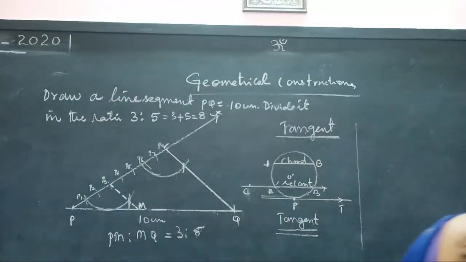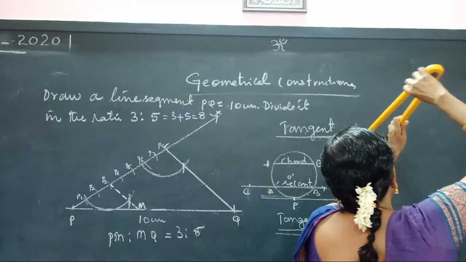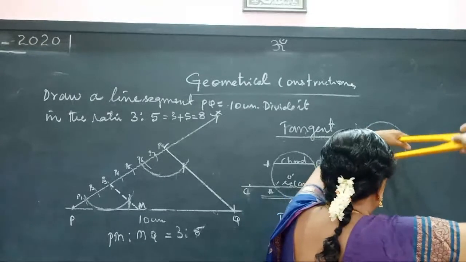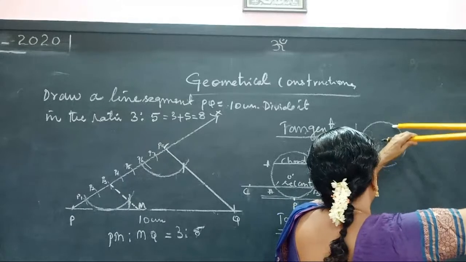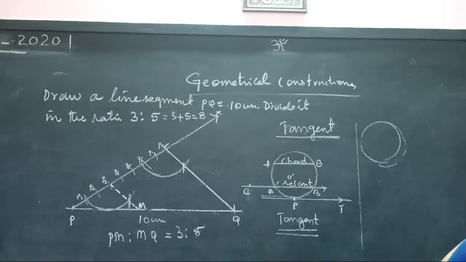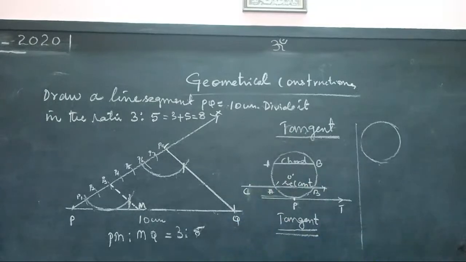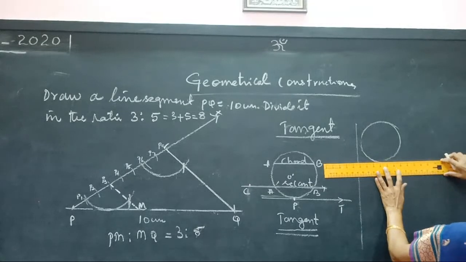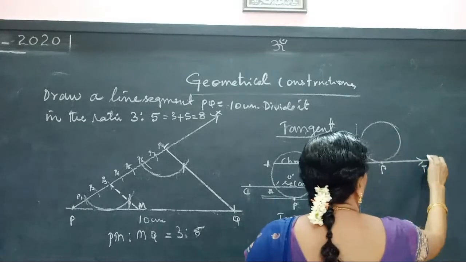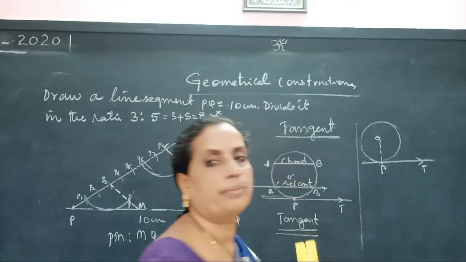That means if I draw a circle taking any radius, and if you construct a tangent to it, this tangent is always perpendicular to the radius drawn from the center.